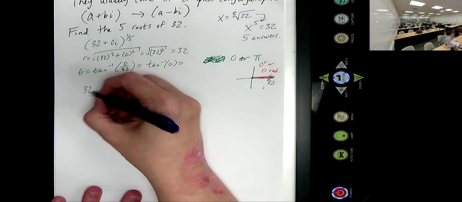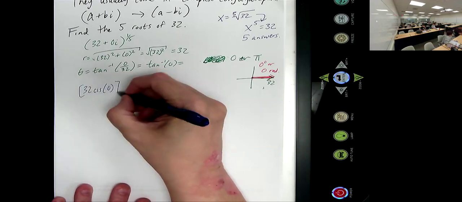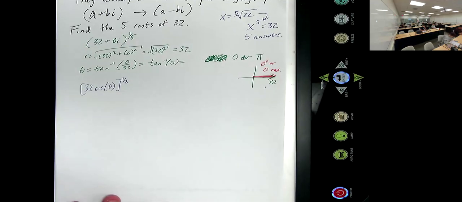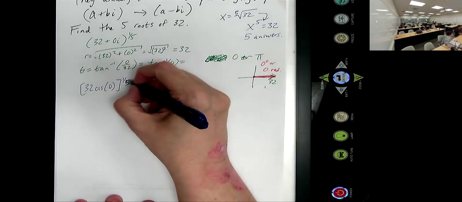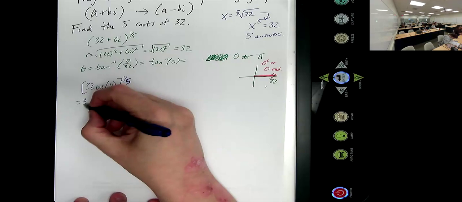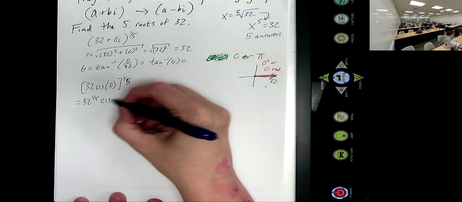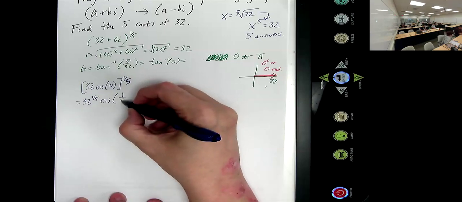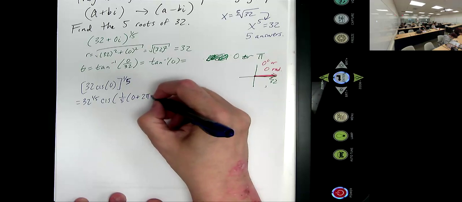So 32 cis 0 to the 1/5 power will equal 32 to the 1/5, and then cis of 1/5 times 0 plus 2 pi k.